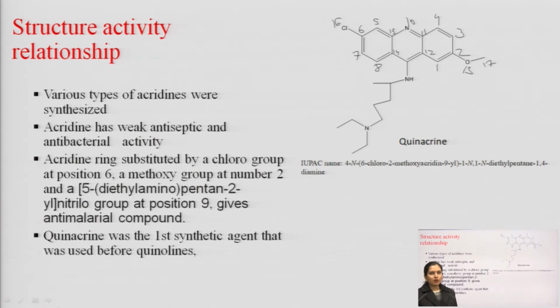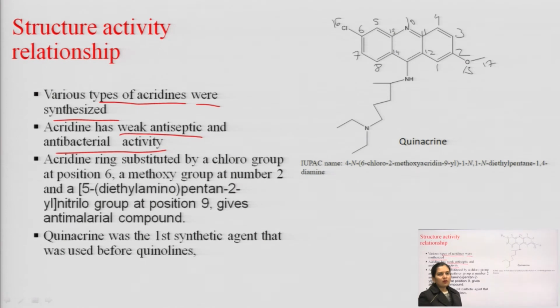Next we will see the structure activity relationship. Various types of acridine were synthesized. They have weak antiseptic and antibacterial activity.